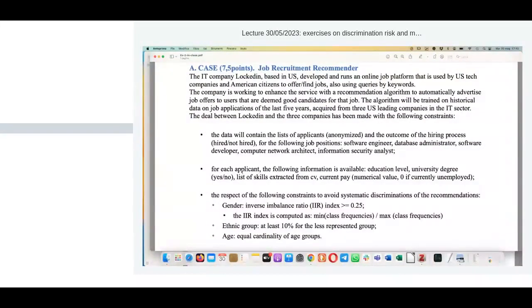For each applicant, the following information is available: education level, university degree yes or no, list of skills extracted from the CV, current pay as a numerical value, 0 if currently unemployed. So these are the requirements on the data that will be used as training data, not the data that is already on the platform.